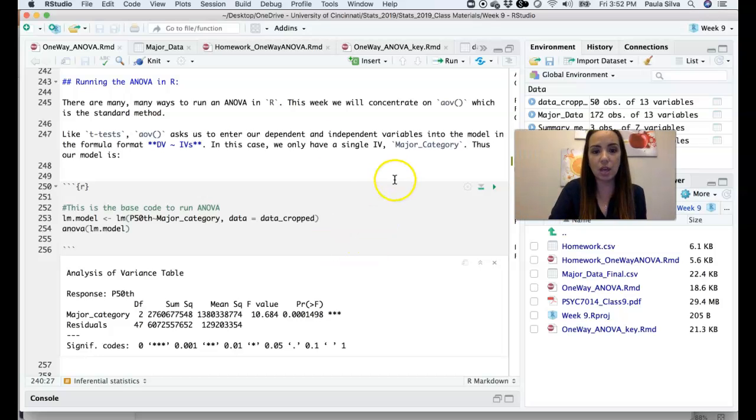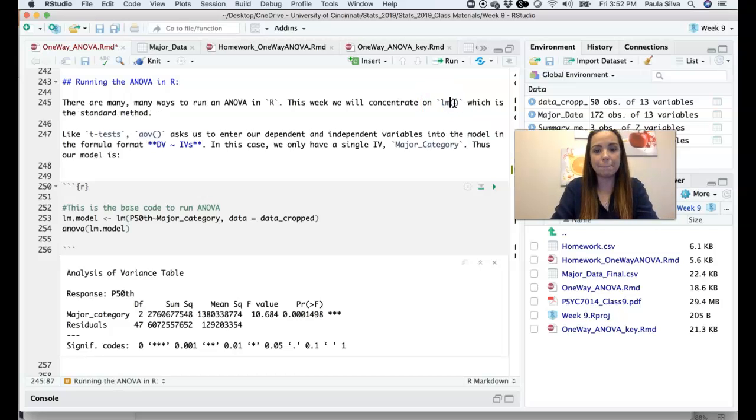We're going to run now the ANOVA in R. I said this will concentrate on AOV, but I will actually use another one, which is LM, the LM function, which is the standard method to run. It's actually going to be better to use this function versus AOV, because when we learn regression, we'll basically keep the same function. So less things to learn.